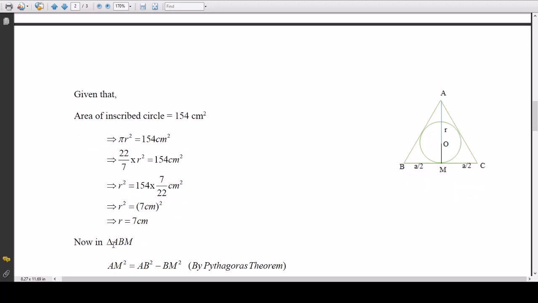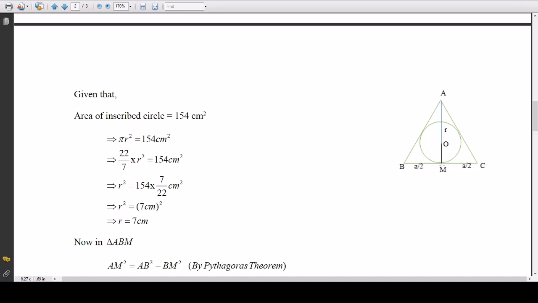Now in this triangle ABM, AM is the line joining the center of the circle to the opposite side of this equilateral triangle.